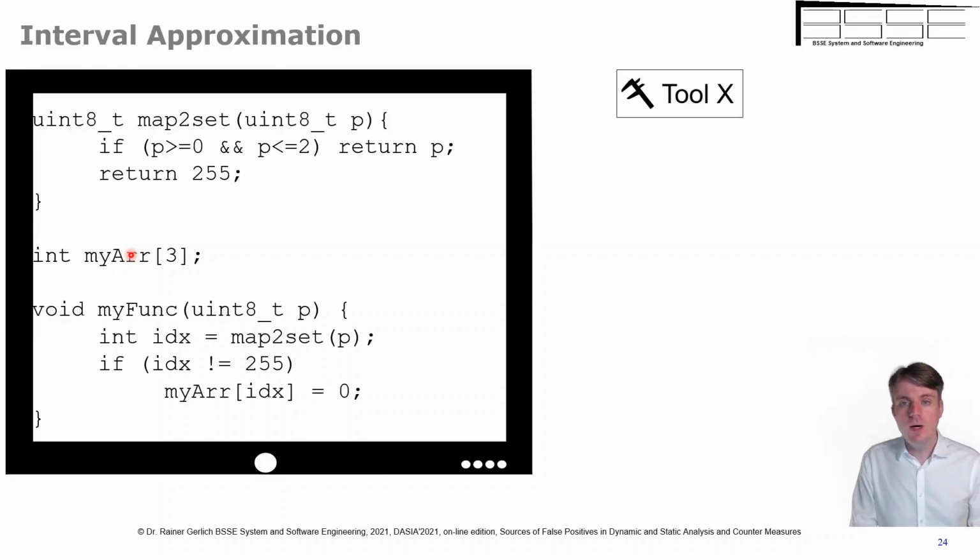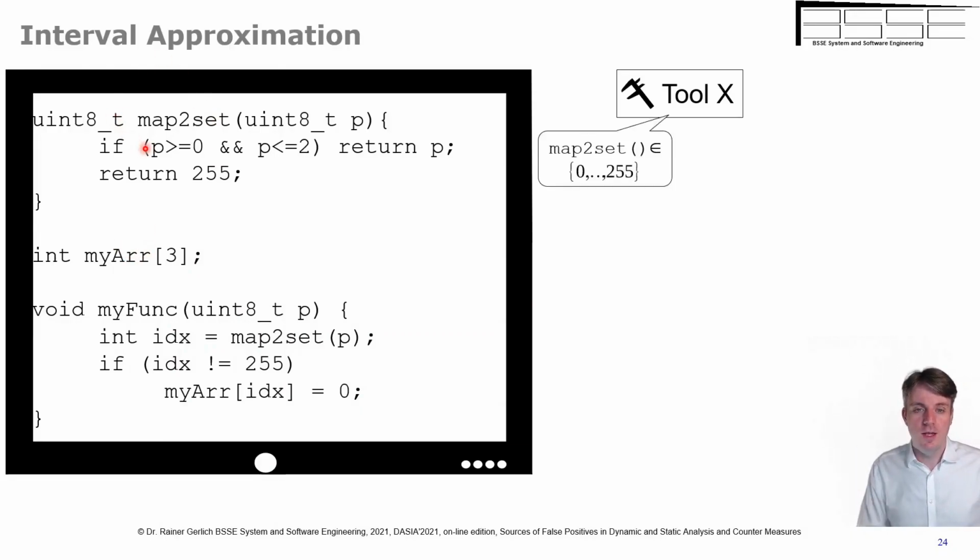Now our tool might be looking at the map to set function and conclude that the result of map to set is in the range from 0 to 255. It's representing that in this interval representation. And the tool is not wrong. All the values returned by map to set are in that range. However, in that range, there are also a lot of values that map to set will never return.